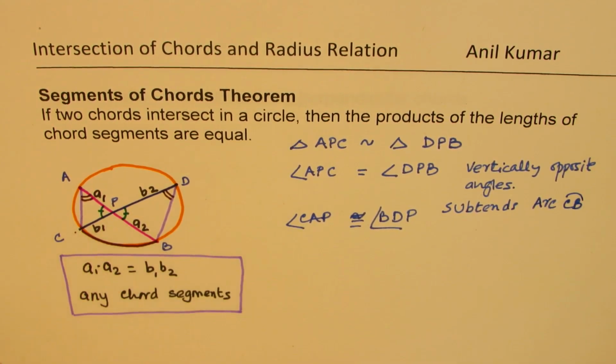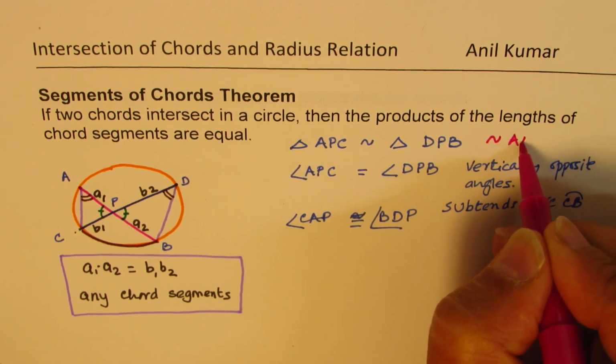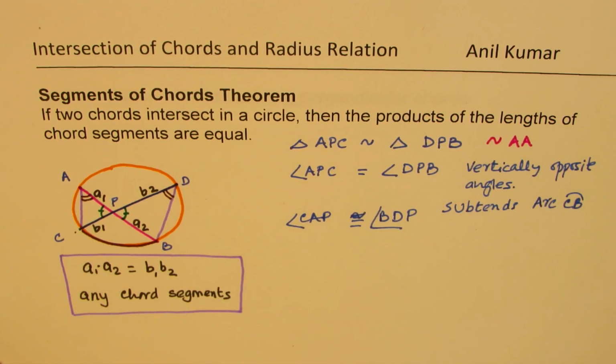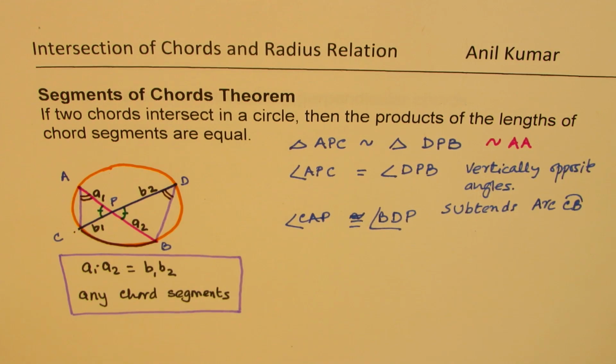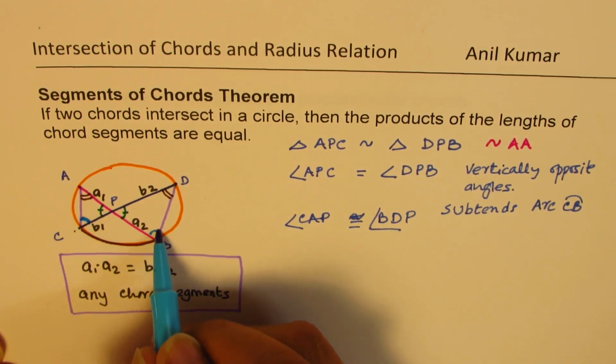Same arc. So that is why they are both the same. So they are similar triangles because of AA properties, correct? So of course, when two angles are equal, the third one is also going to be exactly the same, correct? So let me use another ink here to show that the third one is also the same.